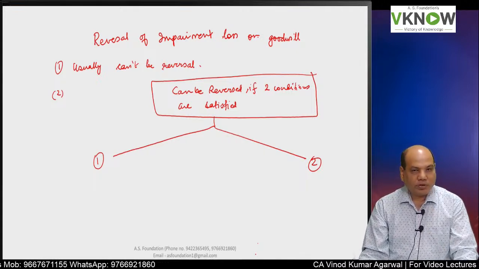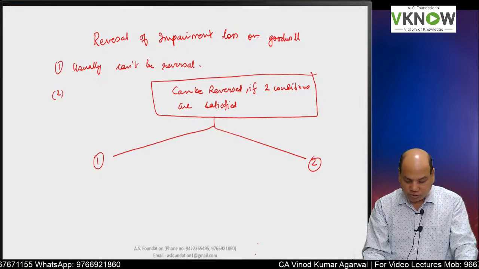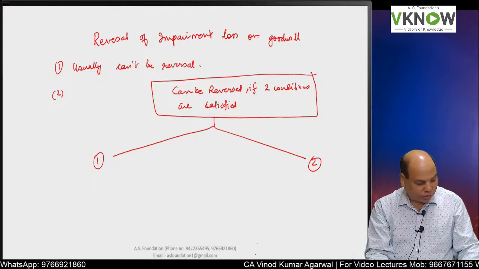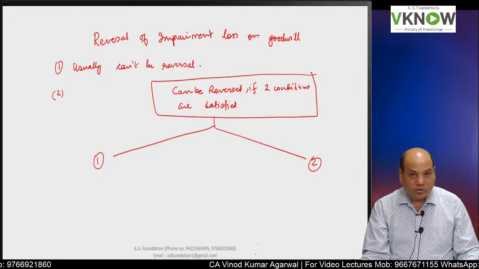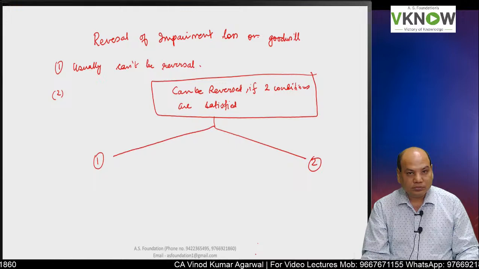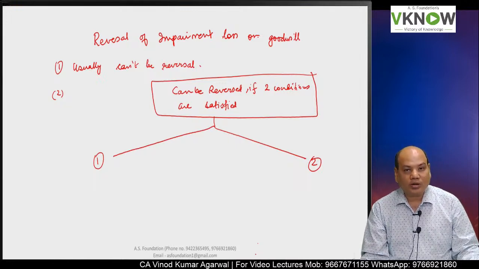I will read from your book, paragraph 26, point A: the impairment loss was caused by a specific external event of exceptional nature not expected to recur.